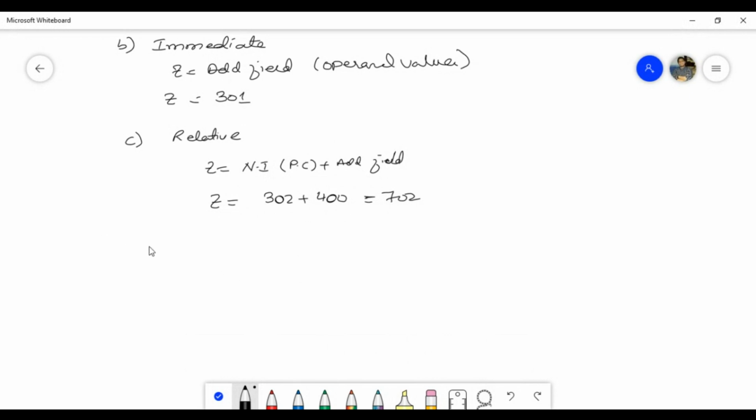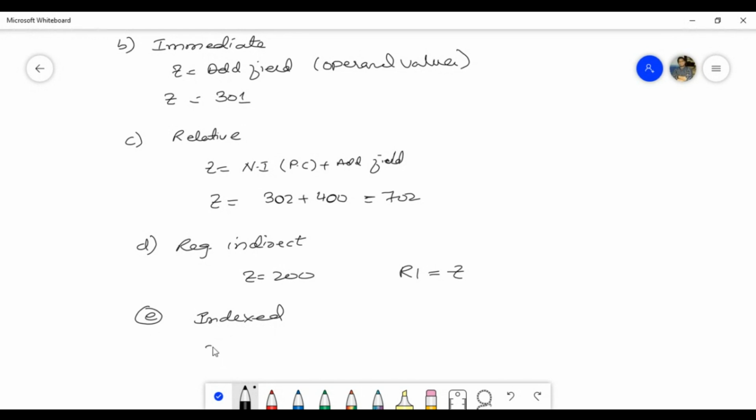And finally, register indirect. Register indirect is Z equals the given register, that means R1. So finally, index.